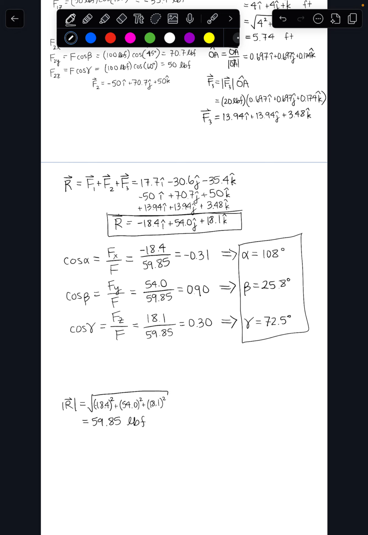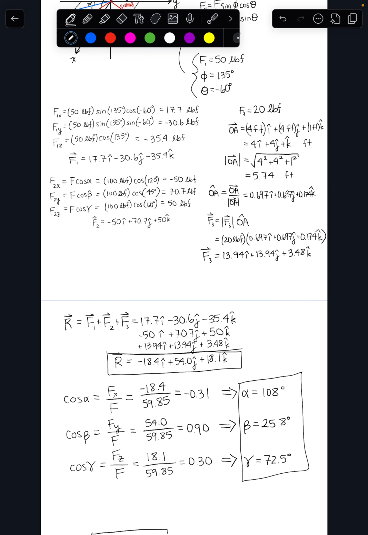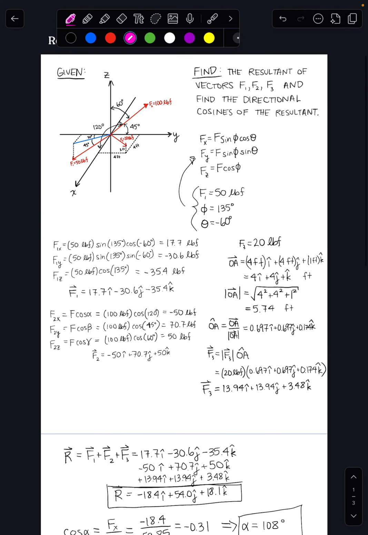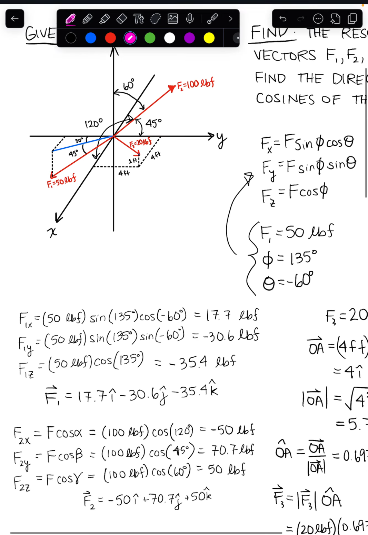And again, we can go up and try to make sense of this answer. Let me try to draw our resultant vector. So it's pointing 108 degrees from x, 25.8 degrees from the y-axis, and 72 degrees from the z-axis. So it's 108 degrees from x, so it's a little bit shallower than the alpha angle for F2.